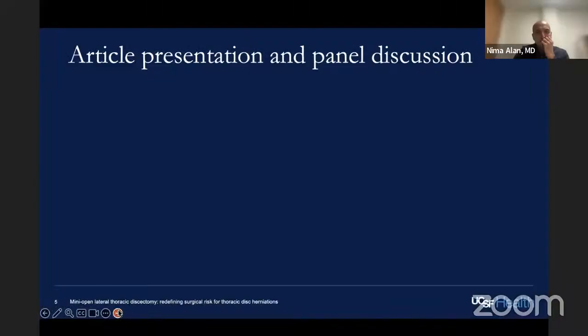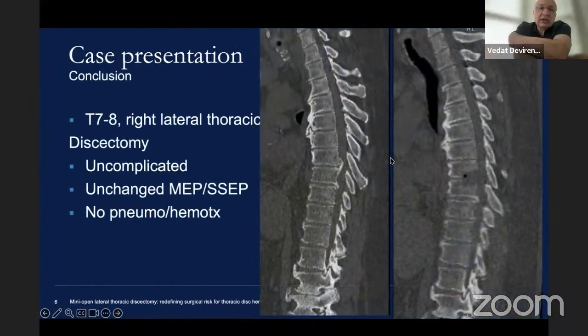I don't know if it was vascular compromise or the cord being affected. So if you think about the possible incidence of cord vascular issues with all these corpectomies and discectomies that we collectively do, I think the incidence is extremely low.